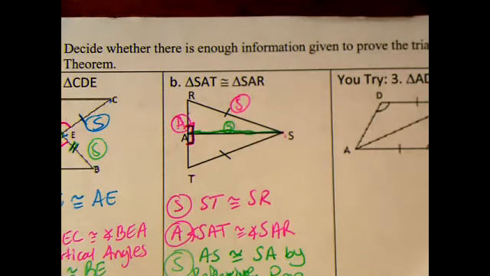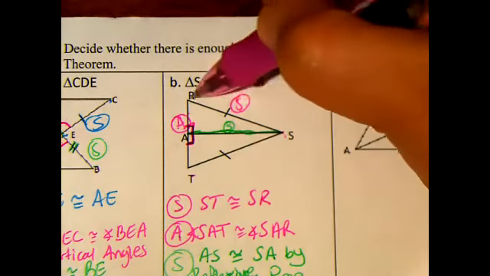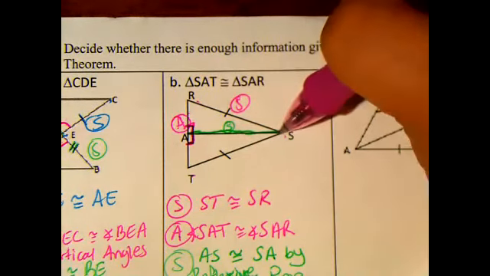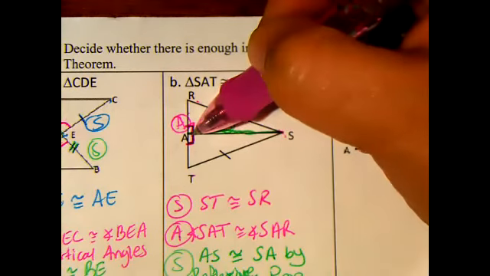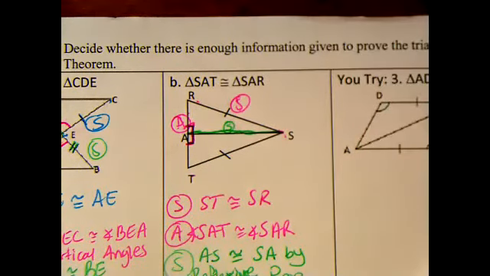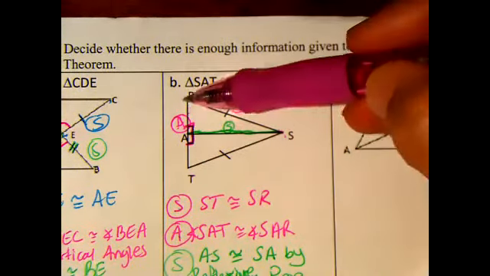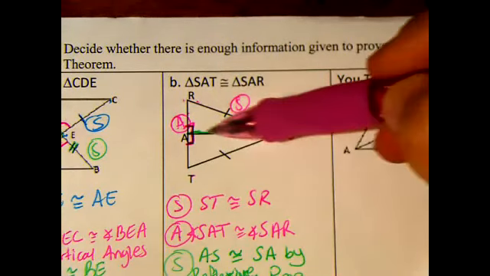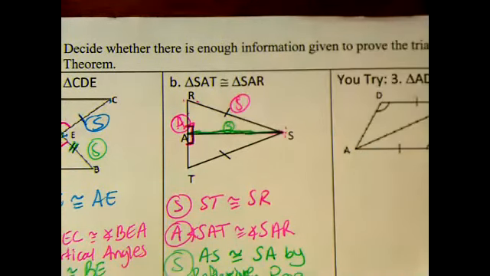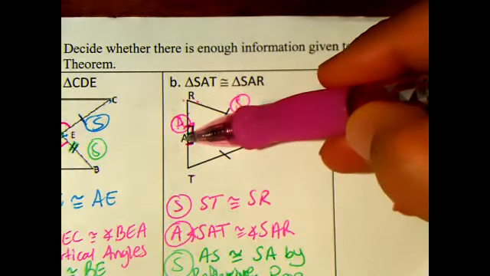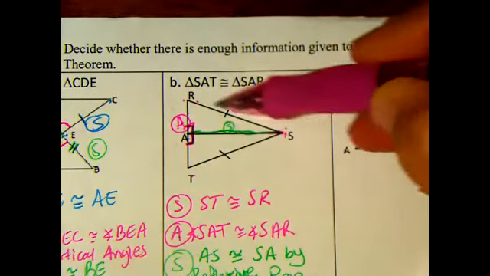So what does that mean? Look at this. If I trace this, I have side, side, and then I have angle. If I go the reverse way, I have angle, side, side.